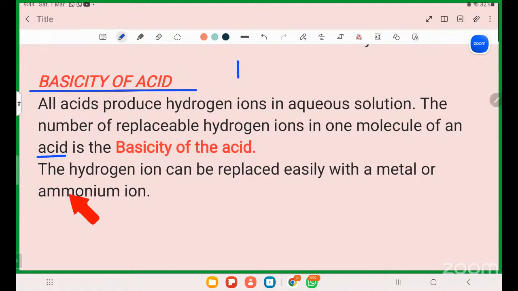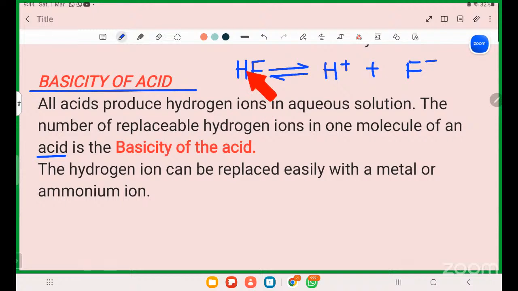If we have, for instance, hydrogen fluoride, and when it ionizes, it gives us hydrogen ion plus fluoride ion. Now, when they ask you, what is the basicity of this hydrogen fluoride acid?